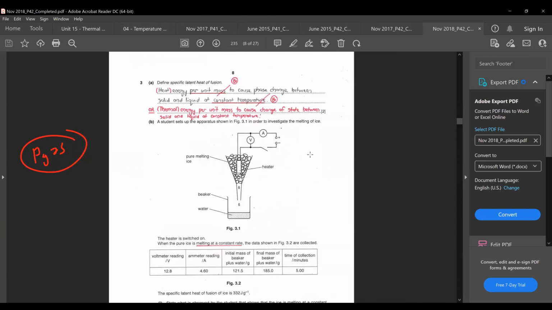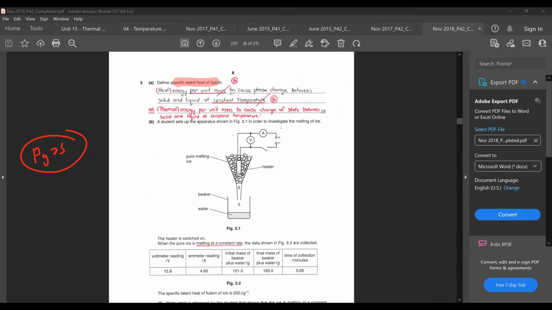Now, define specific latent heat of fusion. In all your previous examples so far, you were always asked to define specific latent heat only. They never gave you a more specific form of the latent heat. They never asked whether it's fusion or vaporization, but your current question specifically mentions fusion. So your definition needs to be a bit more specific. What phase change is involved?